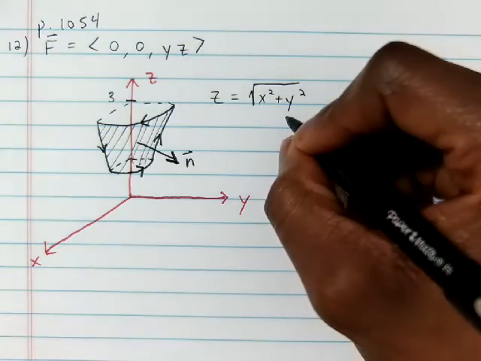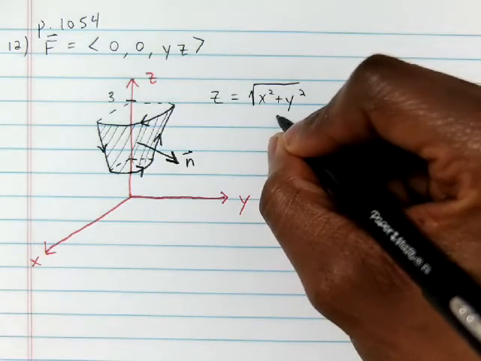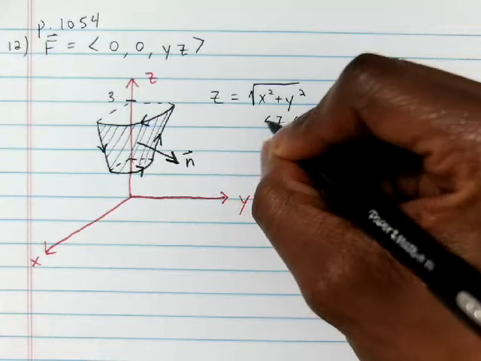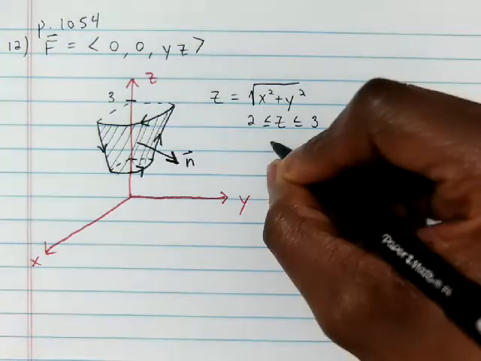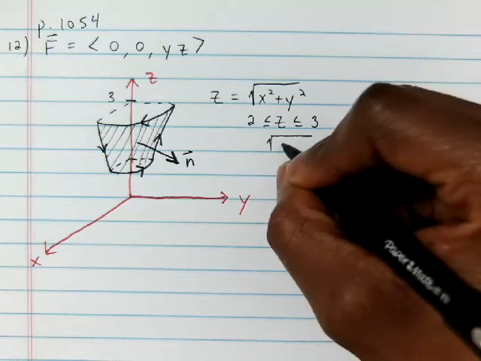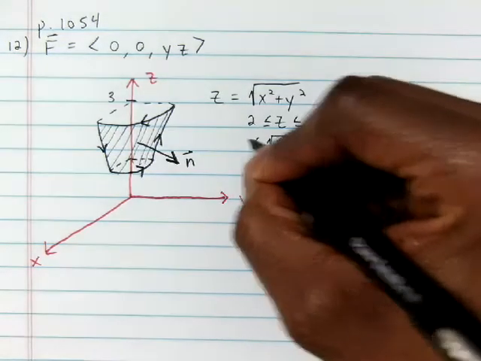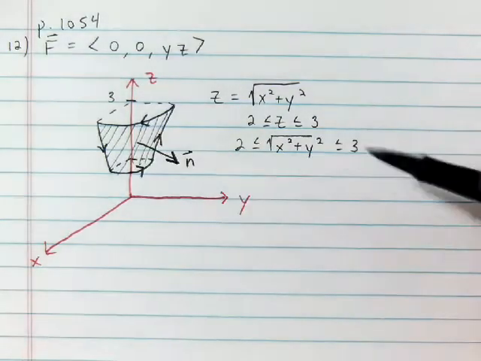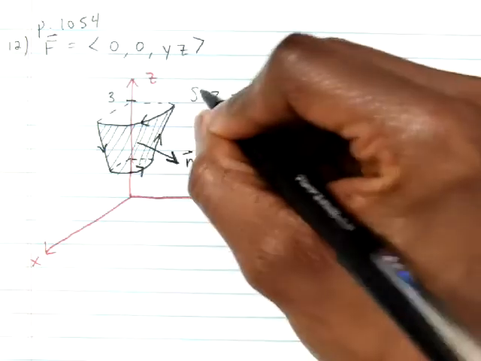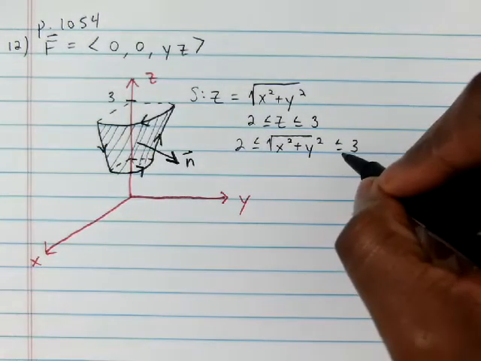And we were told that z is between 2 and 3. So that tells us that the square root of x squared plus y squared is between 2 and 3. And this is just what we have sketched over here. So this is our surface S, and these are the bounds for the surface.